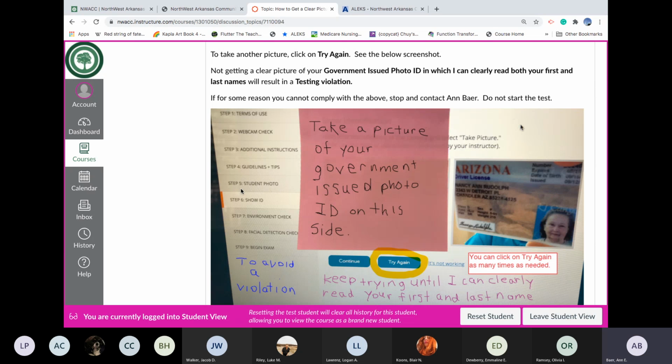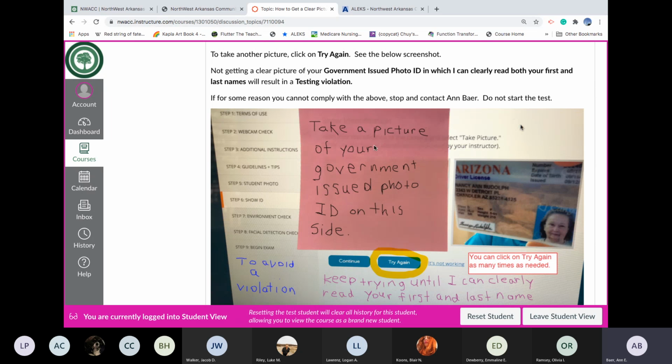And since you're showing your student photo, taking a current photo of yourself in step 5, you do not need to show your current photo or take a picture involving you currently. You just need a picture of your ID. So you can fill up the space with your ID.